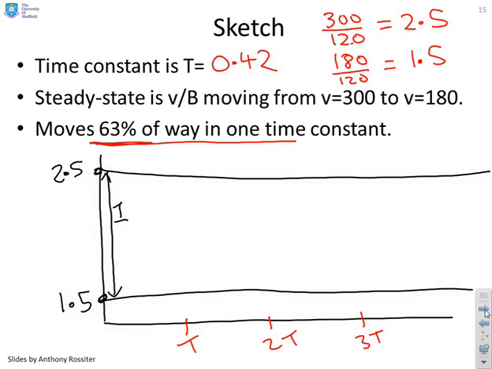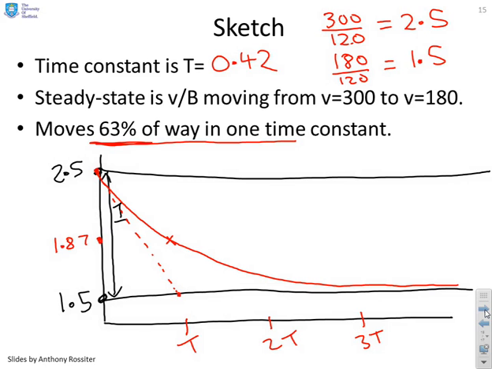I know that the gradient at the start point gets to the end point in one time constant. So there I mark the initial gradient. I know that after one time constant I've moved 0.63, so that's going to take me to a value of about 1.87, so that's going to be about there. So now all I need to do is get my smooth curve following that gradient through that point, and it's going to do something like this.